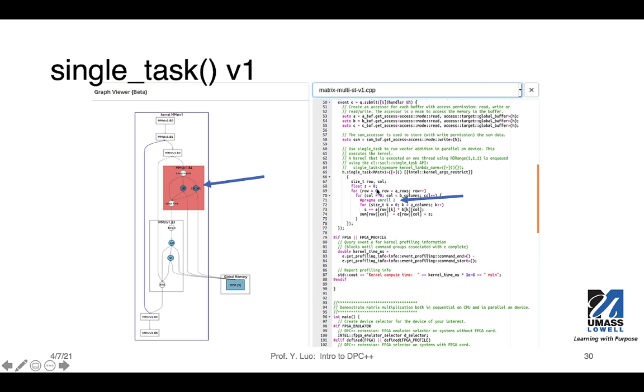And in this example, we use single task, and inside this kernel function, we go through all the rows and columns, and for every innermost loop, we do an unroll factor of 2.